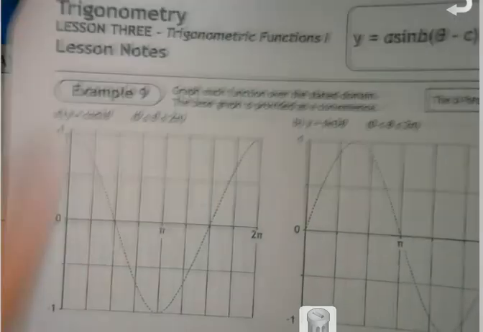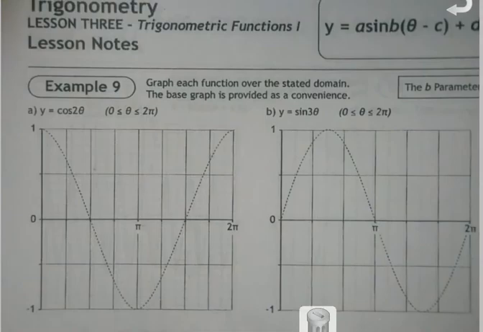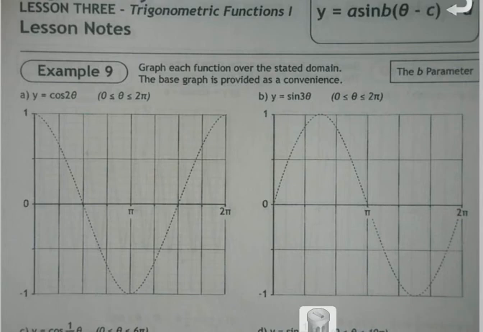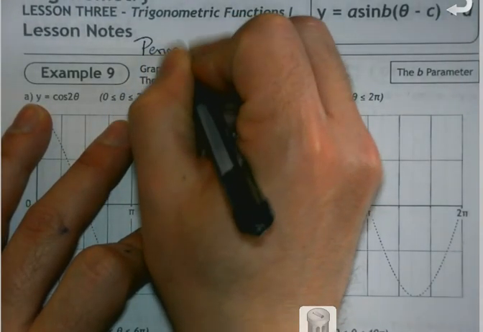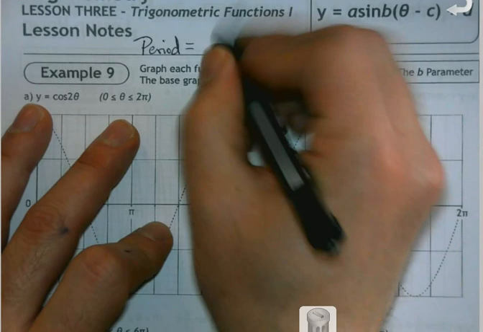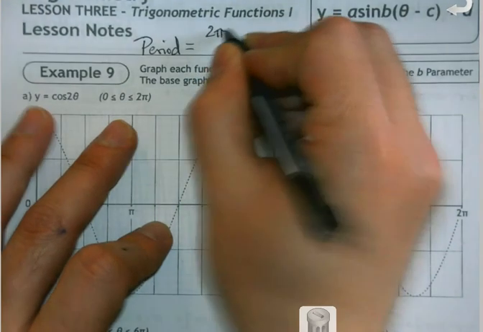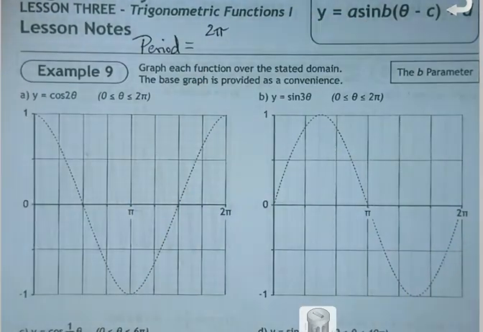Let's flip over here. We're going to skip past the example 8 page for right now, because that's the fancy come up with your own expression. We will come back to it if we get a little time. So now we are going to work our way up to what's called the B parameter, or the period. Remember, our period most of the time is going to be 360 degrees, or 2 pi.